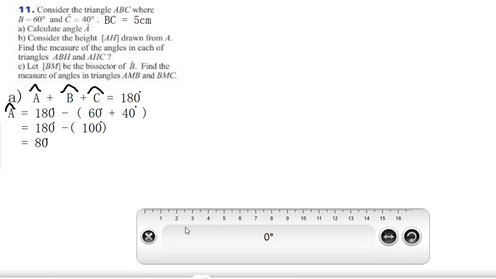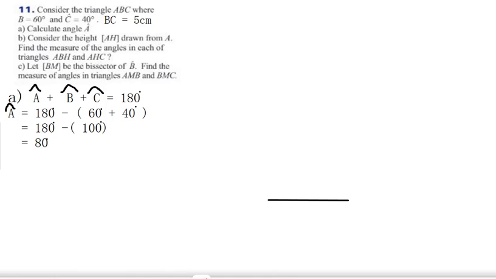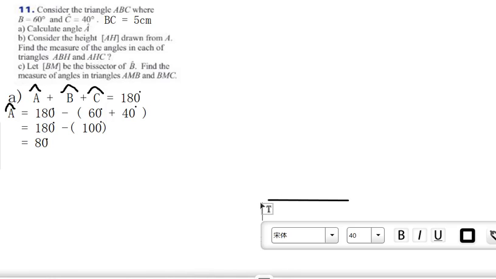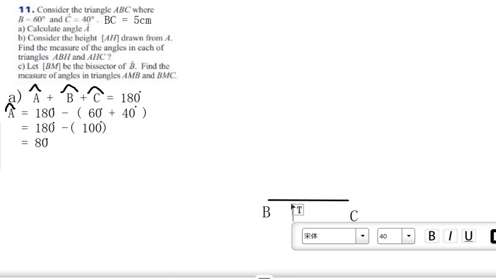Here it's 5 centimeters. Then, let's name it. This is B and this is C, and of length 5 centimeters.